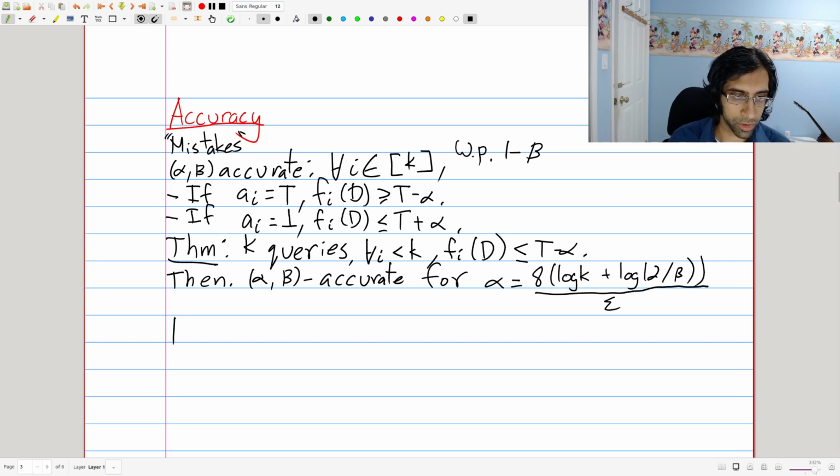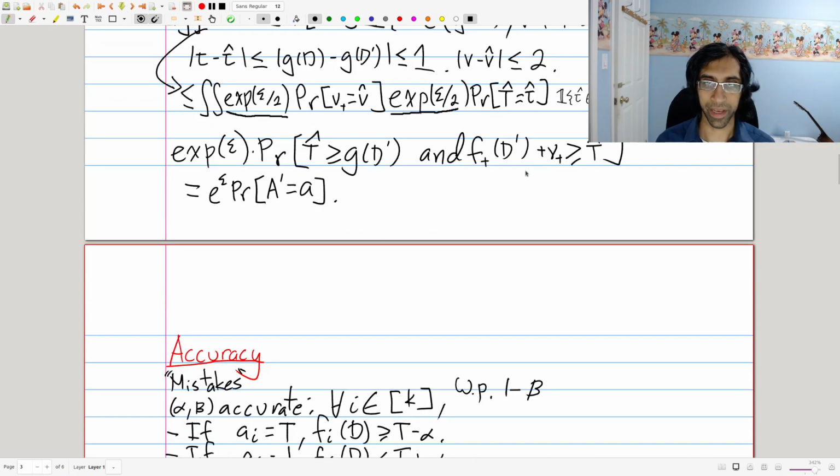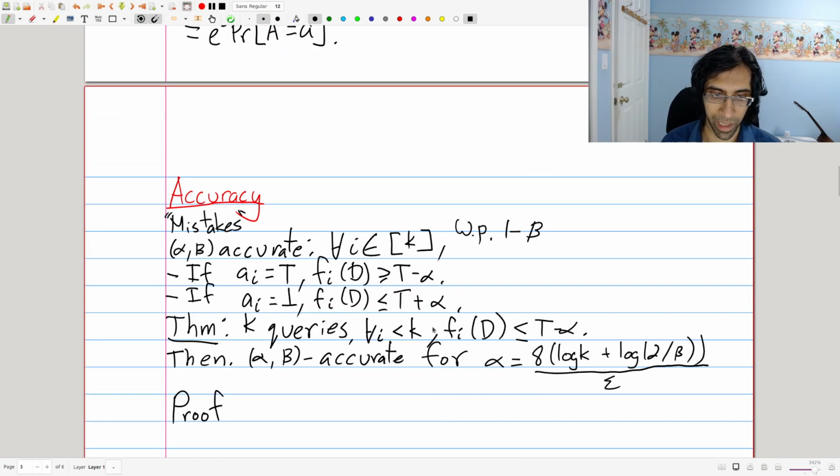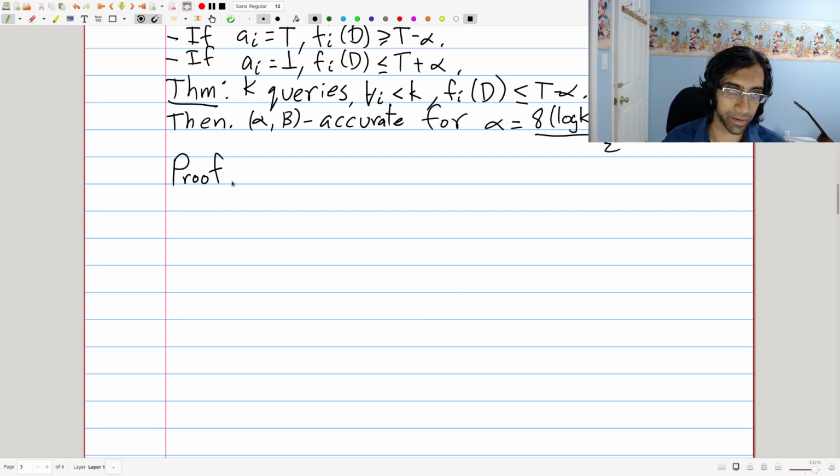Okay, so let's try to prove this. The idea behind the proof is the following. Ideally, we would like to compare f_i of D with the true threshold T. But instead, we compare f_i on D plus this Laplace random variable with the threshold plus some additional Laplace noise. Let me write the comparison we do.